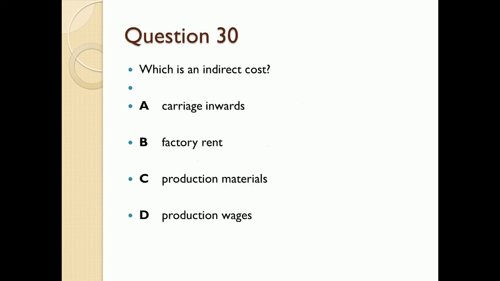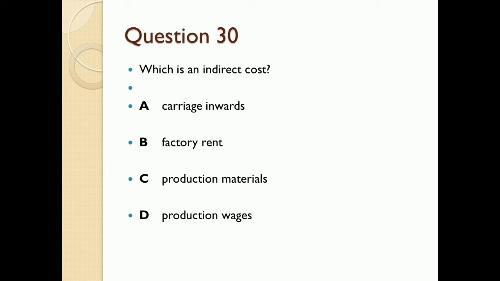And the next and last question here: which is an indirect cost? This question is being asked from your manufacturing account, and as you know, there are direct and indirect costs. Indirect costs are all those factory costs which cannot be traced to the product easily and economically.